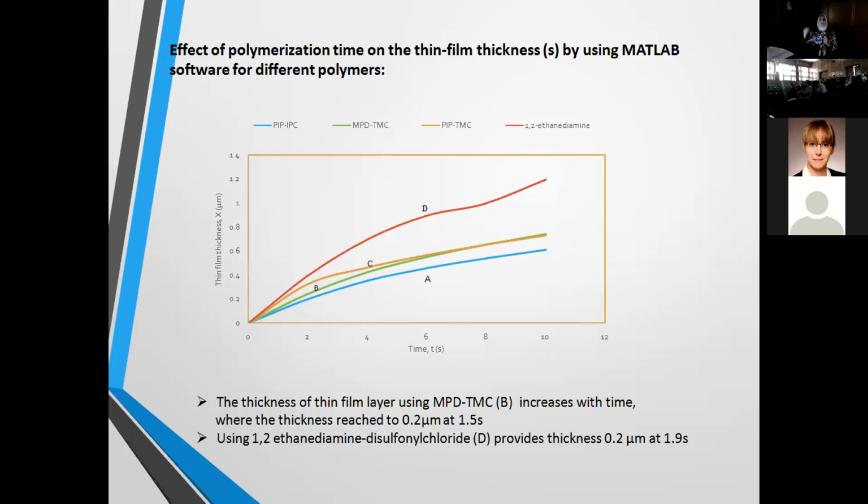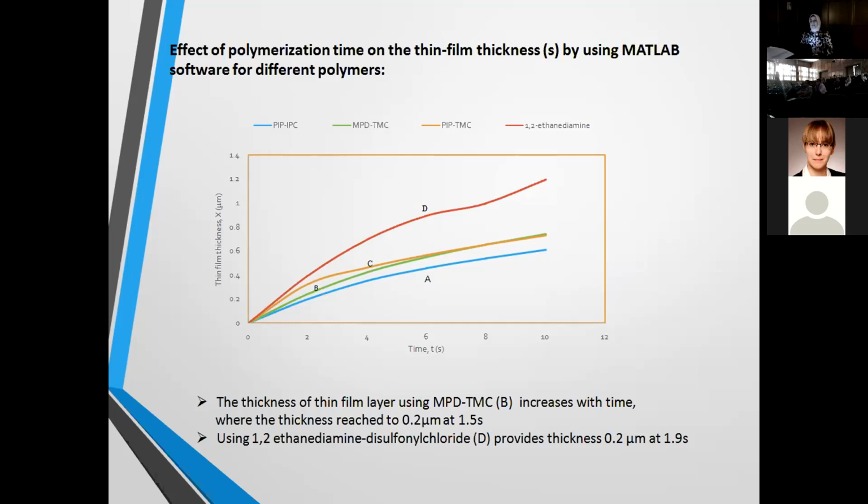By using the first equation of the thin film composite, we can make a comparison between different polymerizations. So we calculate the thin film thickness against the polymerization time for piperazine with isophthaloyl chloride, m-phenylenediamine with trimesoyl chloride, piperazine with trimesoyl chloride, and 1,2-ethanediamine with trimesoyl chloride.